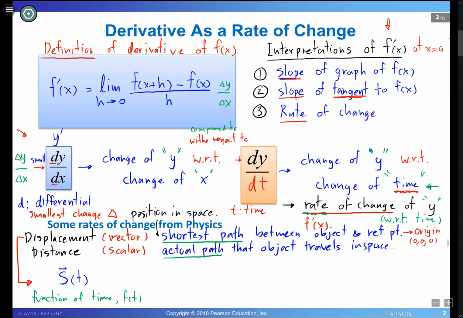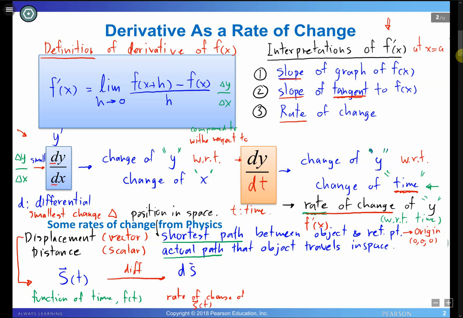Now that we have the displacement as a function of time, we want to study the rate of change of this displacement over time. So we want to study this rate of change of displacement s of t. And rate of change, by now we know that it's related to derivative. So all we need to do is to differentiate displacement. And we are going to get derivative of displacement with respect to time over here.